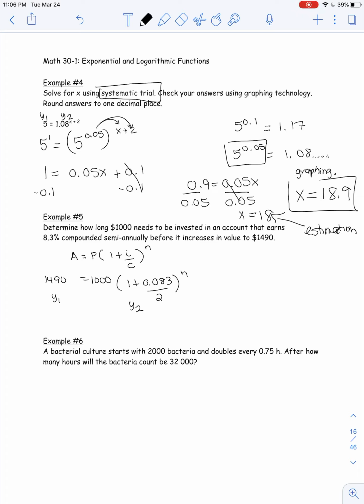So I highly encourage graphical solutions for this one unless they tell you a certain method, but I would give you better numbers than these ones for the graphical solution. So 1490 equals 1,000 in your calculator, put 1 plus 0.083 divided by 2.